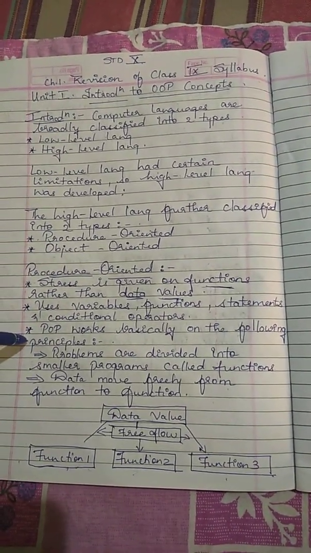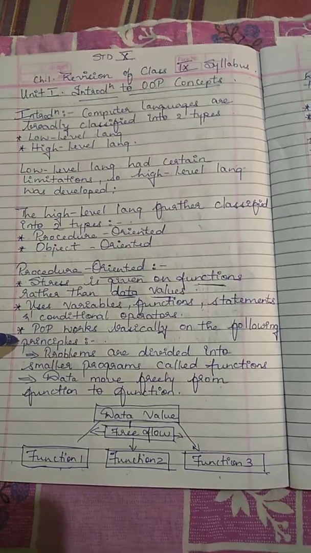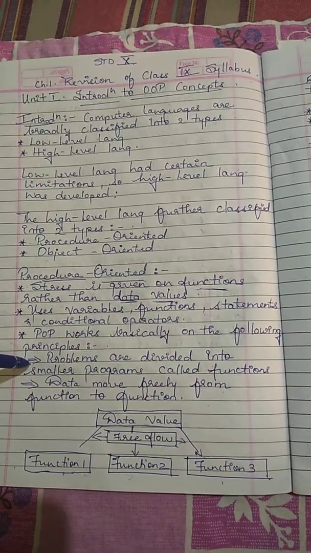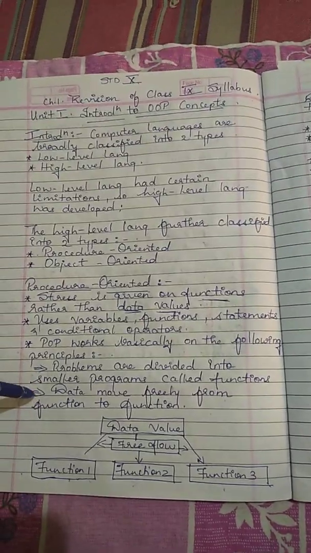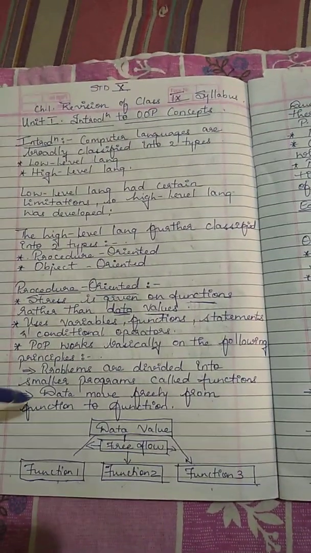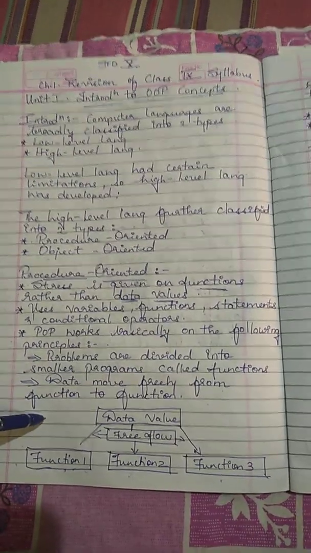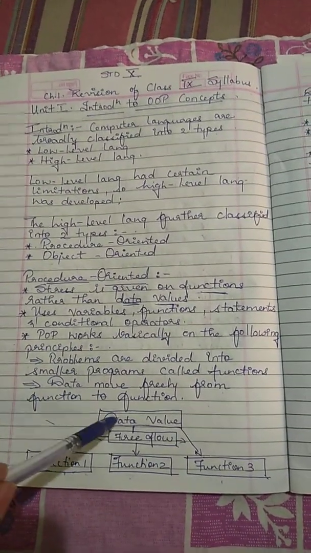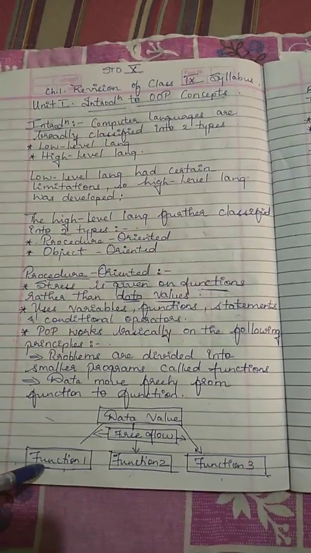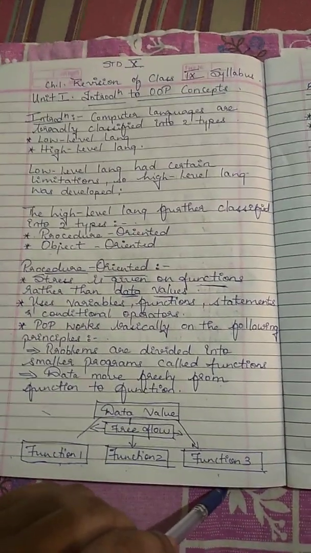POP works basically on the following principles: problems are divided into smaller programs called functions, and data move freely from one function to another function. This is the tree structure explaining how the data value freely flows from one function to the second function and to the third function.